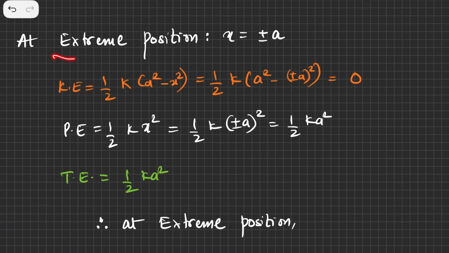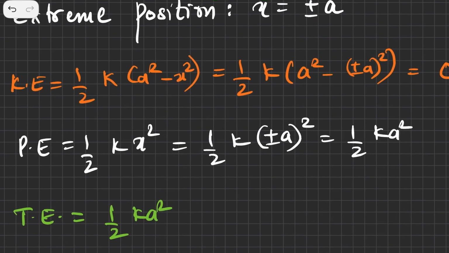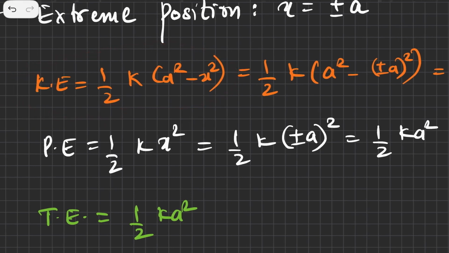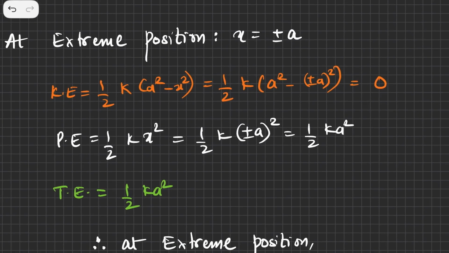The difference is only that when you are at the extreme position, the value of x is plus or minus a. So wherever there is an x, I can write plus or minus a. The formula remains the same, half of K (a square minus x square). So wherever there is an x we have plus minus a, the whole square. Plus a square is a square, minus a square is also a square, but this a square minus a square will get cut.